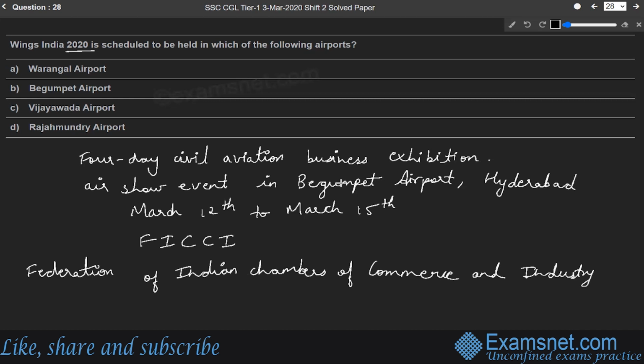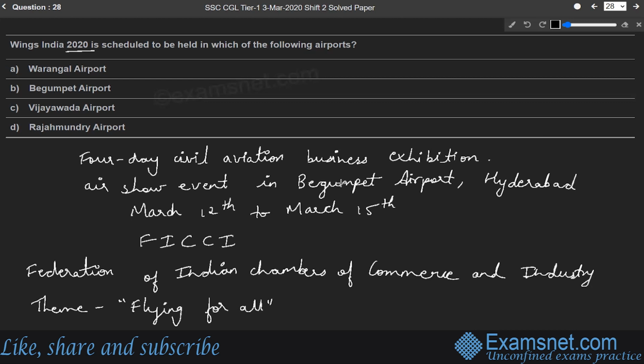Do you know what was the theme behind the year 2020 Wings India? In the year 2020, the theme of Wings India was Flying for All. And the main focus for the year 2020 was on the new business acquisition, investments, policy formation, and regional connectivity in the civil aviation industry.